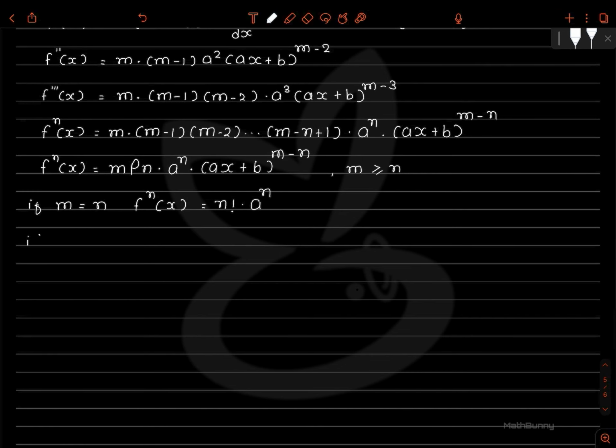And if m is less than n, this would imply that we are differentiating a constant again, and it would be 0. The nth derivative of this function would be 0.